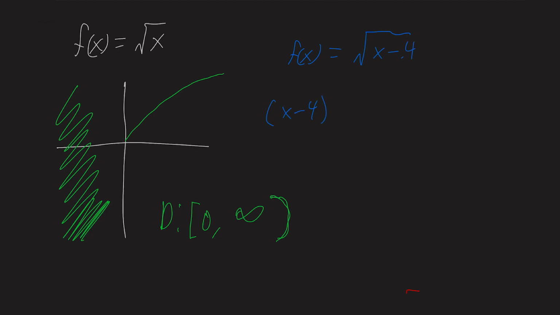I need to find whenever the thing inside my radical is greater than or equal to 0. Okay? Or when x is greater than or equal to 4. That's where I have my answer. I'm going to write that out in my domain form. So my domain is x can equal 4, and it can be anything greater than it, like this.